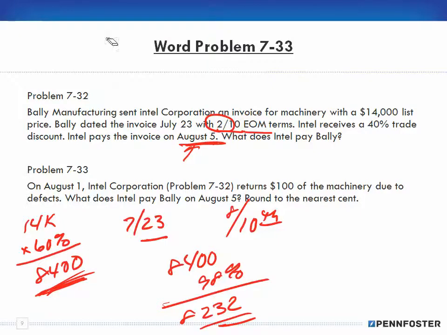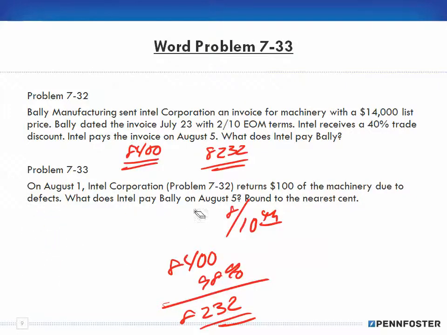Let me erase some of this. With the discount, the trade discount price is 8,400, and since it falls within the discount period, they're going to pay $8,232. Okay, so that's for problem 7-32.